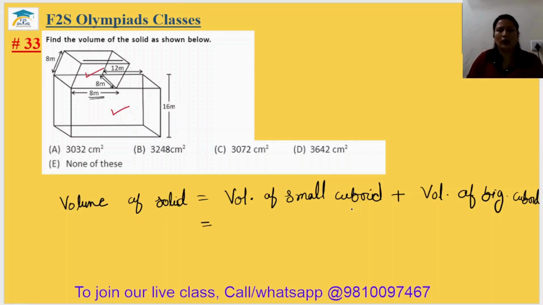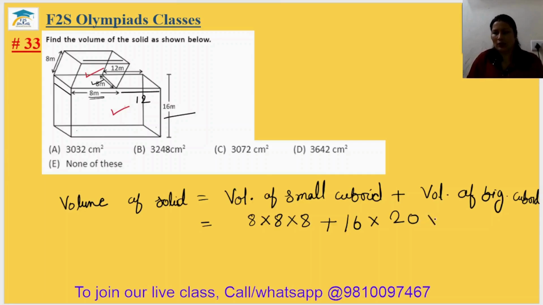So it is not a cuboid, you can say it as a cube. So it will be 8 multiplied by 8 multiplied by 8 plus big cuboid. Height is 16. Width, here it is 8 and here it is 12. So from here to here it will be 12. So 12 plus 8, 20. So 16 multiply by 20 and multiply by its this dimension. So this dimension will be equal to this dimension.